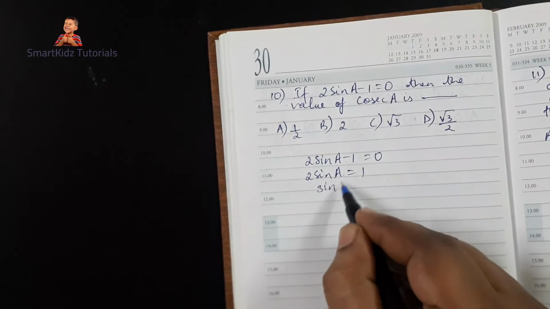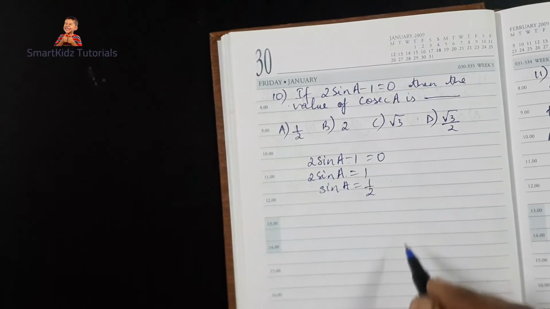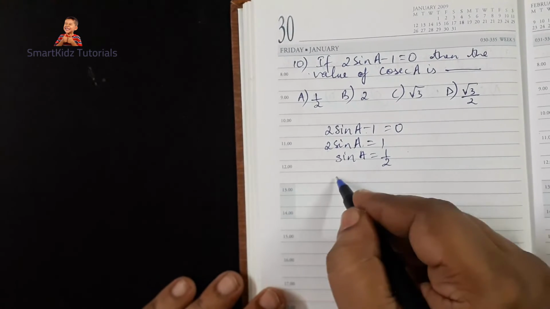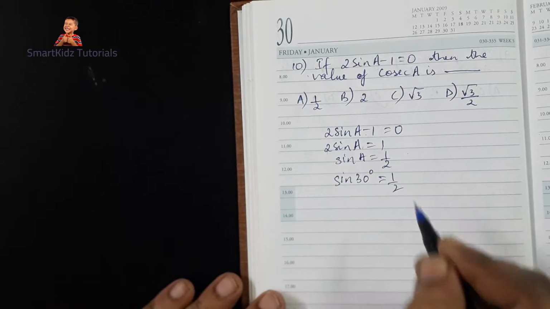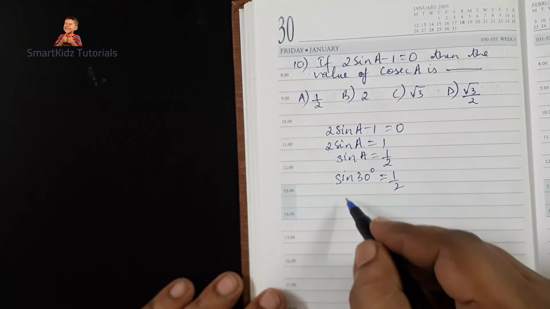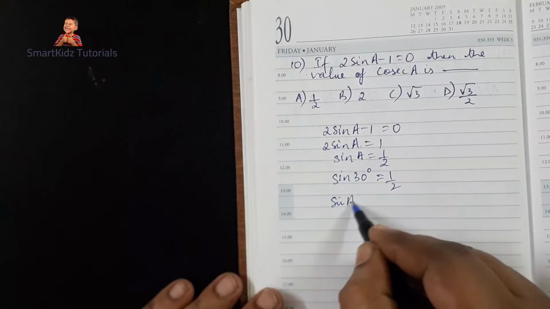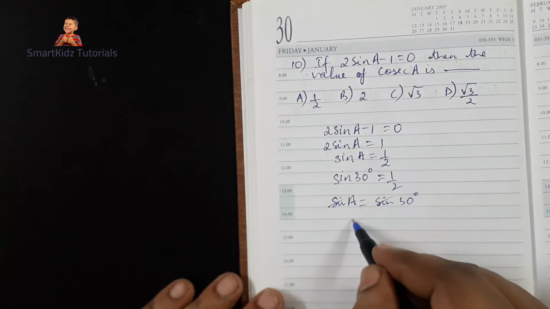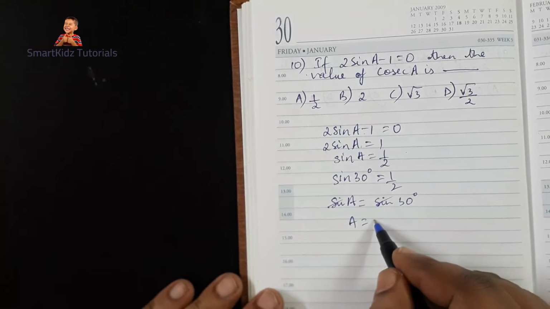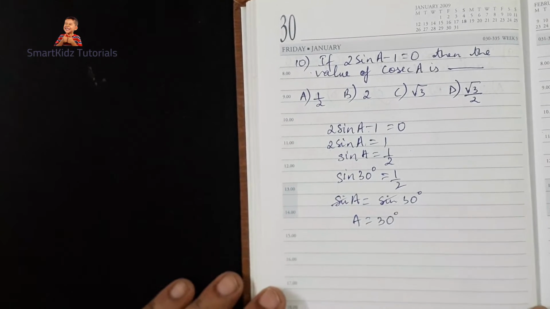So sine A will be equal to half. We also know that sine of 30 degrees is equal to half. That tells us that sine A should be equal to sine of 30 degrees. In other words, A should be equal to 30 degrees.